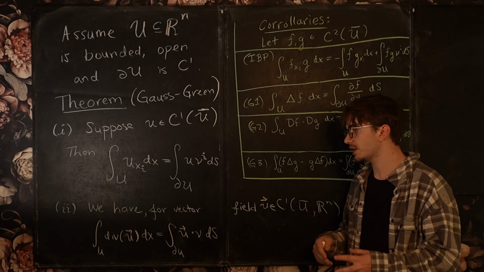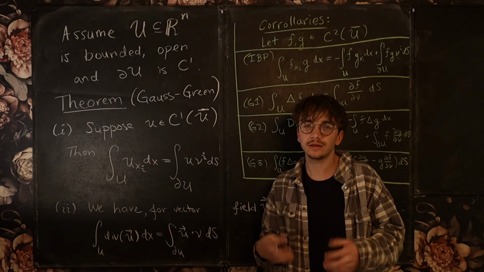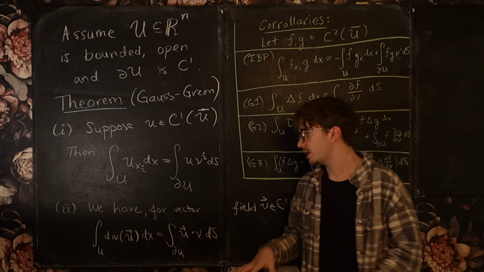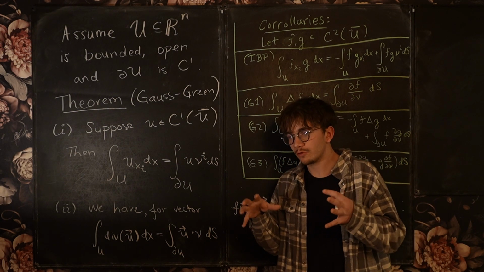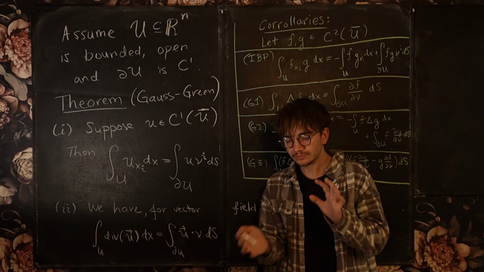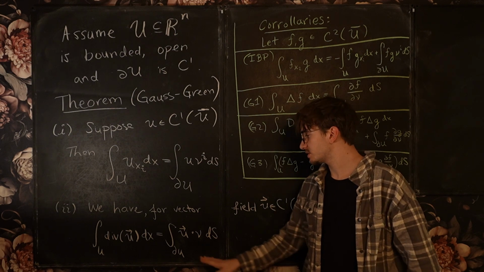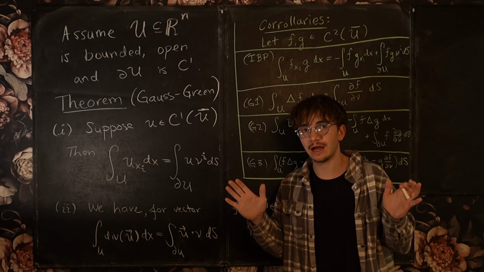Okay, so in physics terminology, the amount of internal charge or field lines created within my open set U is going to be equal to the net flux of electric field lines outside of the boundary.